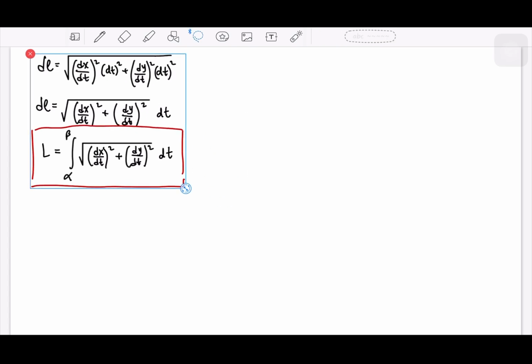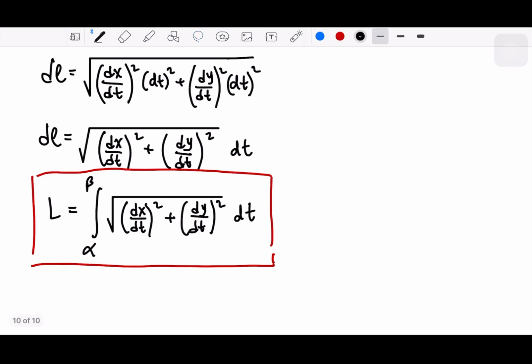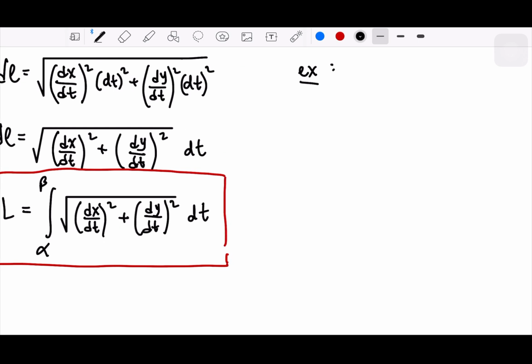Okay, let me give you an example first and see what you think. What do you think about that?